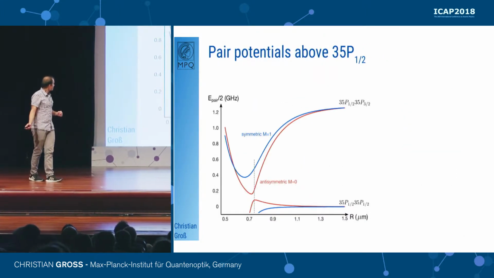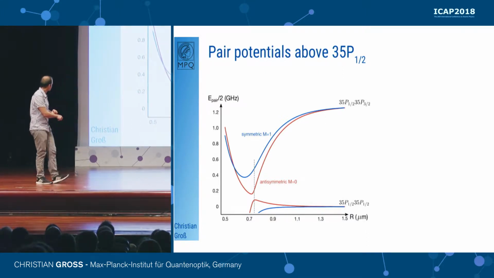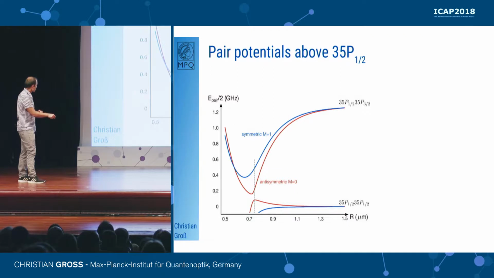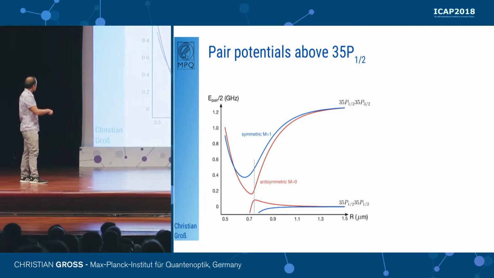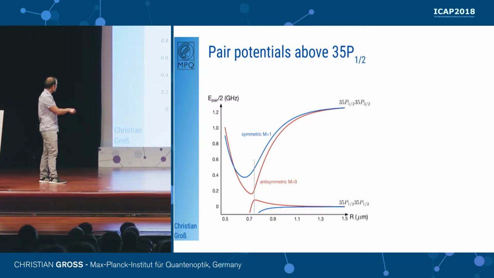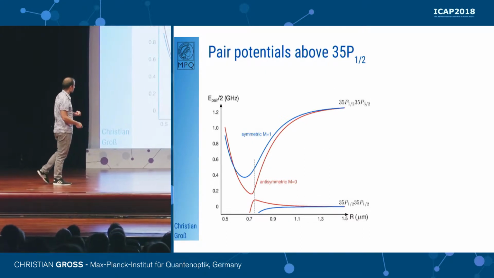Okay, so here is a little bit more complicated than my cartoon, a realistic picture of the energy landscape above the 35p1/2, so that's the state that is interesting here. And here I show you two molecular potential wells that emerge, and one actually has antisymmetric electron spin character, the other one symmetric spin character.